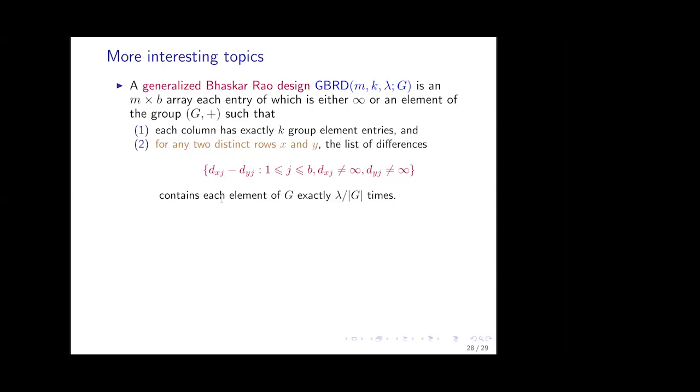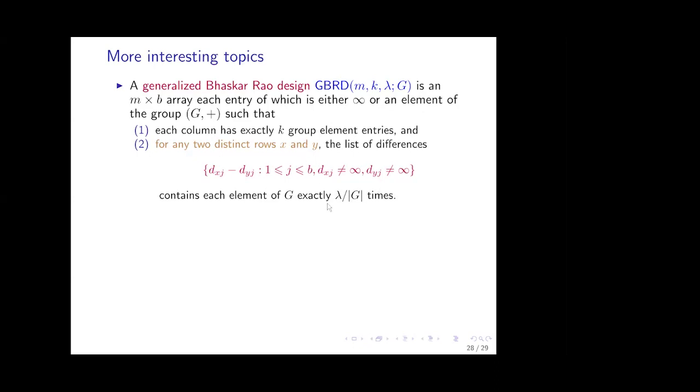If the list contains each element of G exactly lambda over the size of G times, then this design is called a generalized Bascar-Roll design. Maybe you are wondering why we require lambda over the size of G. It's a little strange because this design was first used to construct balanced incomplete block designs, and such a GBRD can give a BIBD with index lambda.